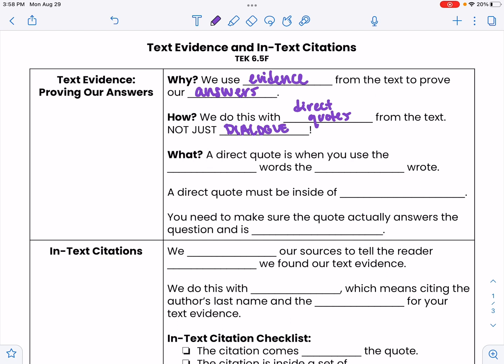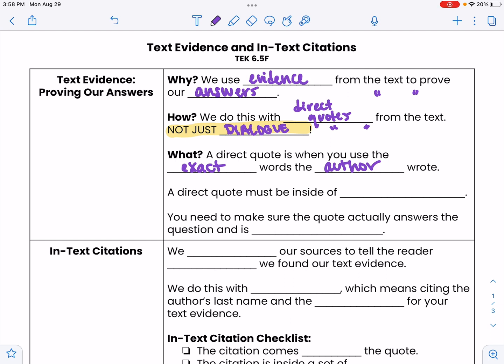Okay, for a direct quote from the text, you use quotation marks, and that's why it says not just dialogue, which also can be found in quotation marks in a story. What does that mean? A direct quote is when you use the exact words the author wrote.